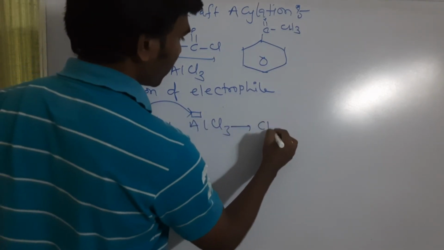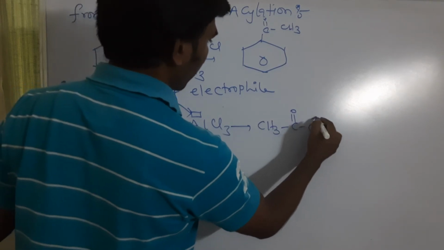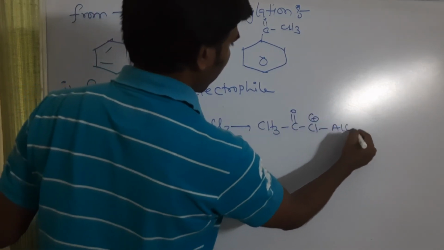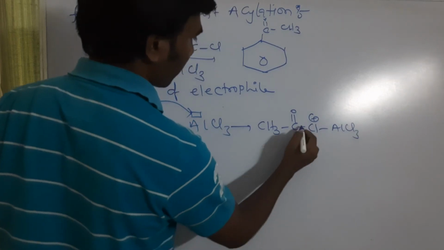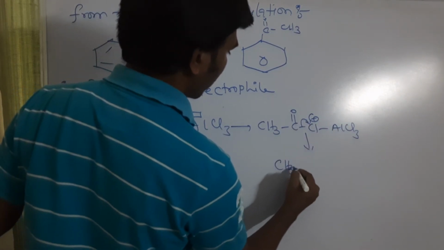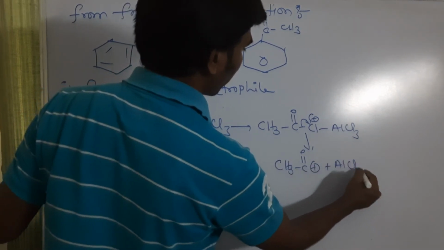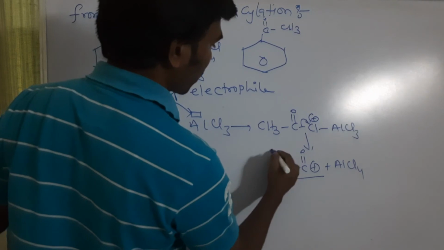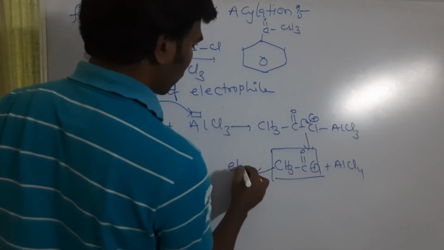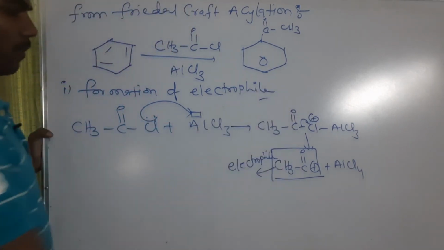Because of that, it is going to form CH3 C double bond OCl plus and AlCl3. After some time, it will donate this electron to this chlorine and form CH3 C double bond O plus and AlCl4 minus. This is called the electrophile. Formation of electrophile is completed.